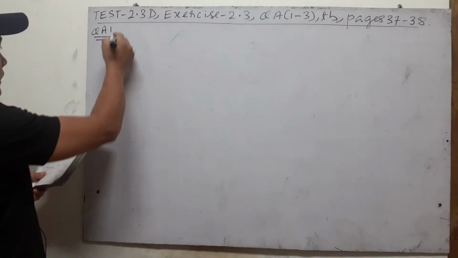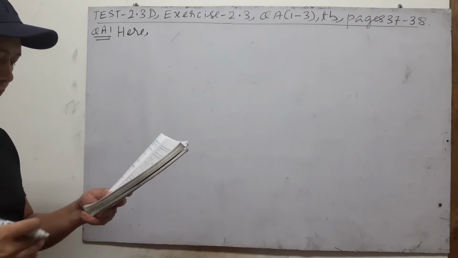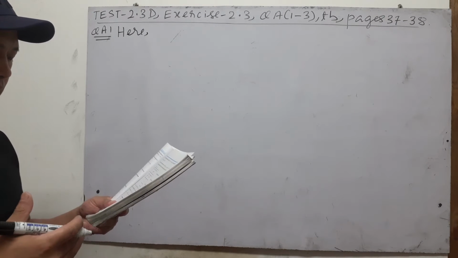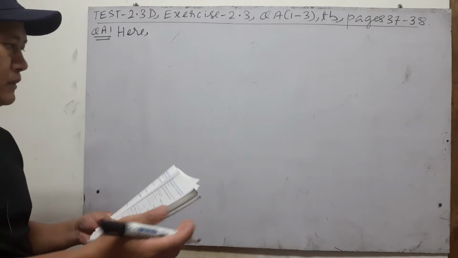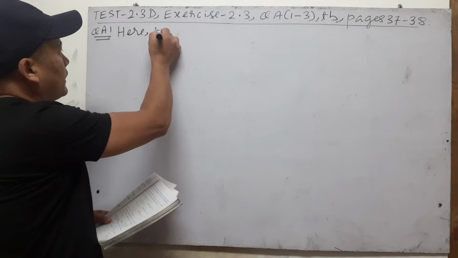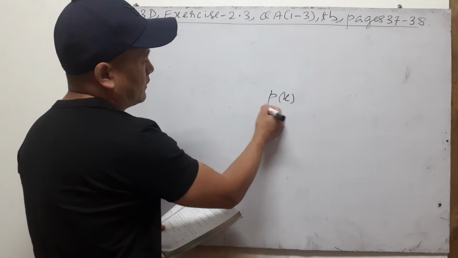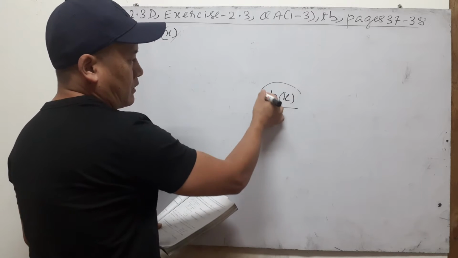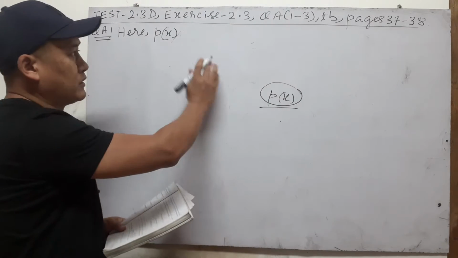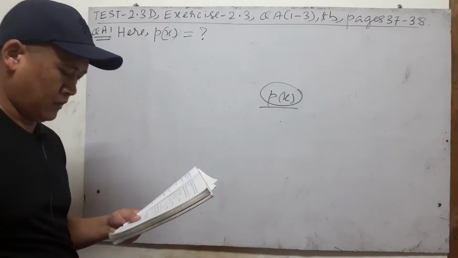So here we clearly see a polynomial which is divided by something. This polynomial, let us say p of x. In order to write this, p of x is divided by something means that the required polynomial is on the numerator, means it is the dividend. So the dividend is unknown.